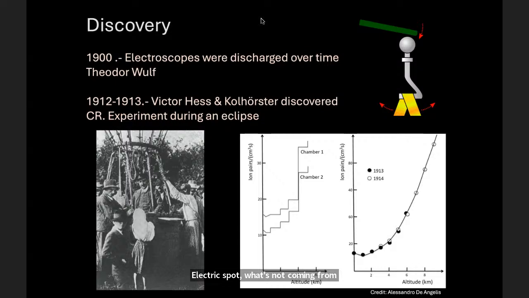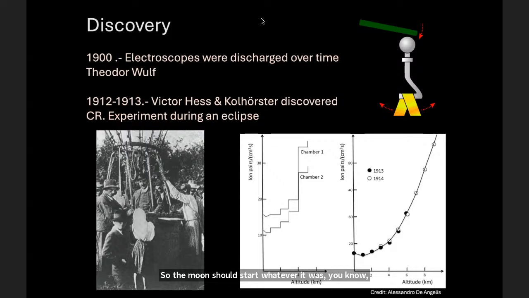But still, that doesn't mean that it's coming from the universe, right? Which would mean very far away. It could come from the sun. So just to test that it was not coming from the sun, he made this experiment during an eclipse, when the moon was in front of the sun. So the moon should stop whatever was coming from the sun that was making the electroscopes discharge.